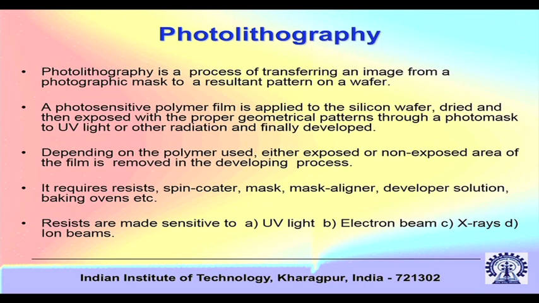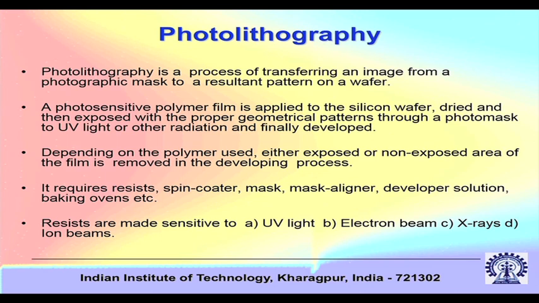We will start with photolithography. Photolithography is basically printing by light. What you are basically doing is a process of transferring an image from a photographic mask to a resultant pattern on a wafer. There is a mask, the mask has a pattern, and you transfer the pattern onto a wafer by a suitable method.